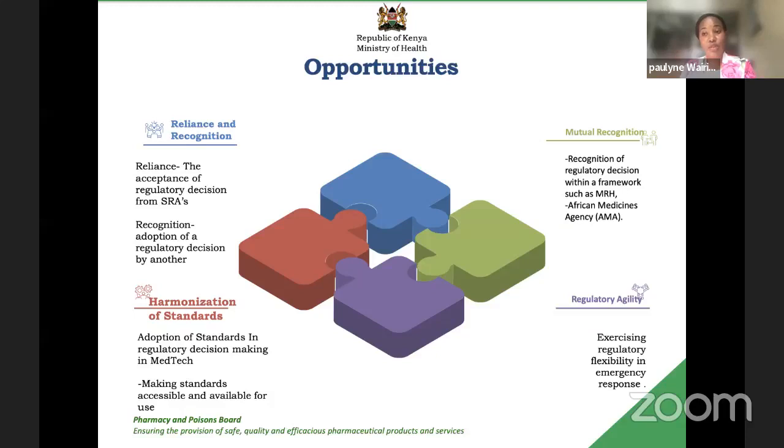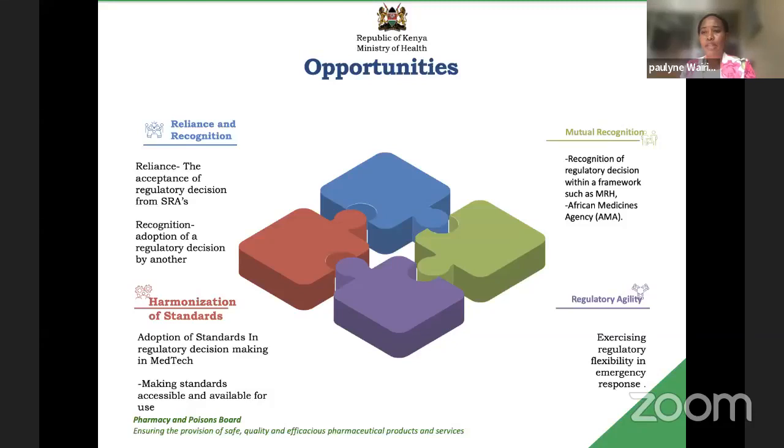This is something that is not commonly done because, as is the current practice, every country's national regulatory authorities will enforce their own requirements, their own national policies. Yet when we look at Africa as a whole, if we can utilize standards, we may be able to lessen the time period that it takes for market authorization, lessen the time it takes for a product to get from the manufacturer to the patient.